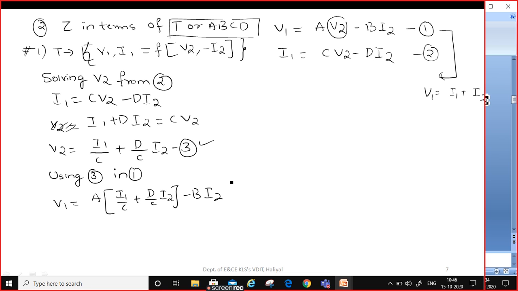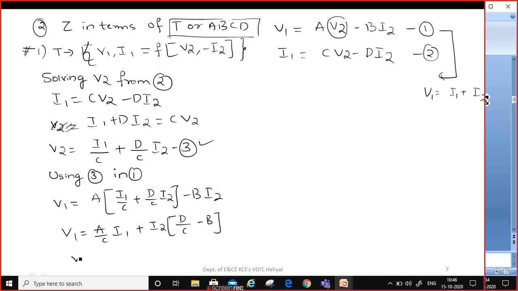Solving it conveniently by clubbing I1 and I2 terms on one side, I have A by C times I1 plus I2 into B by C minus B.